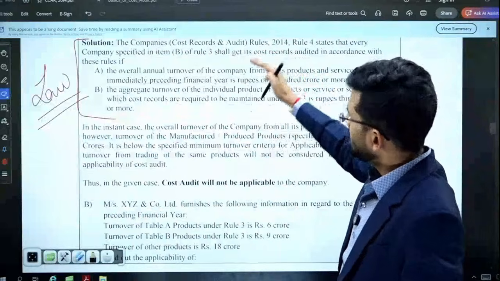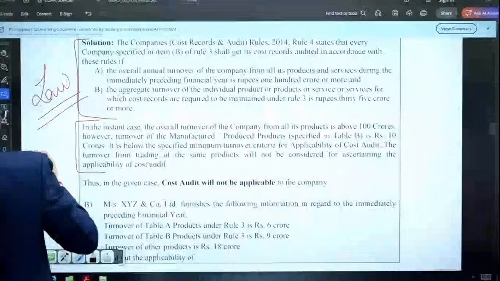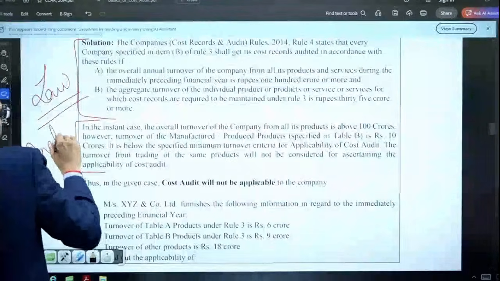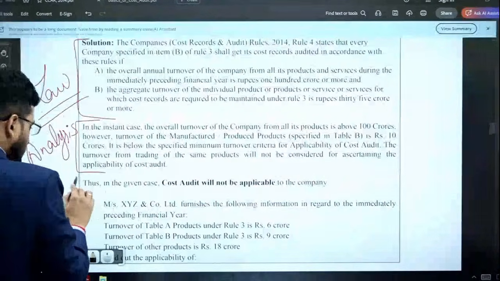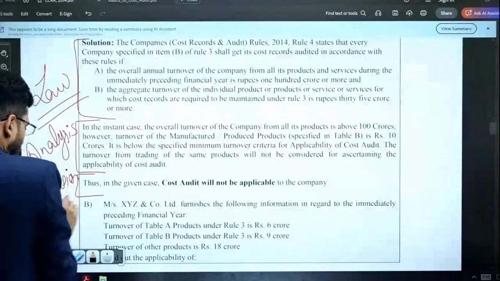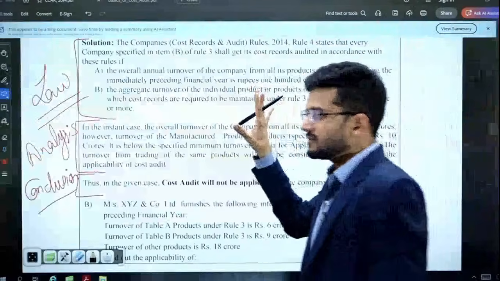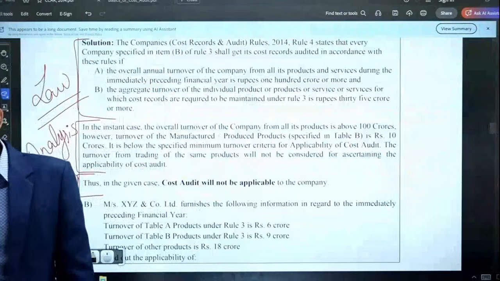Then in the second paragraph you write your analysis, and in the third paragraph your conclusion. This is how presentation is required to be made in the examination, and this is the exact presentation an examiner requires.